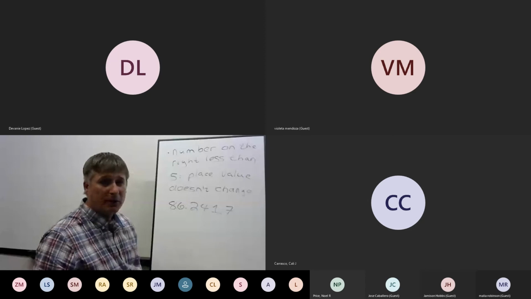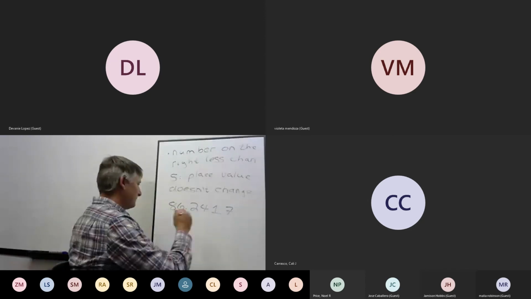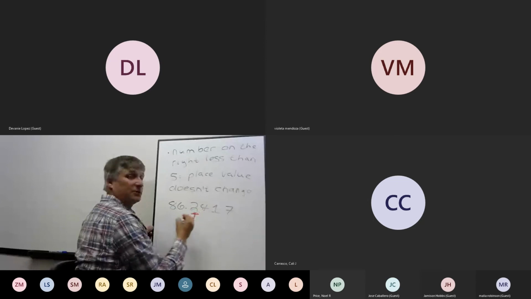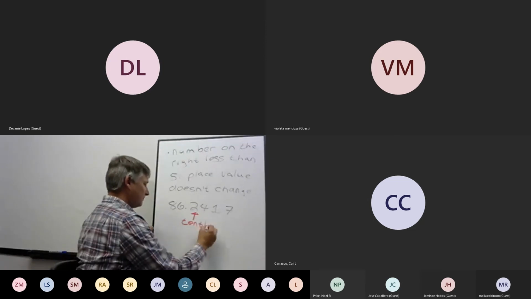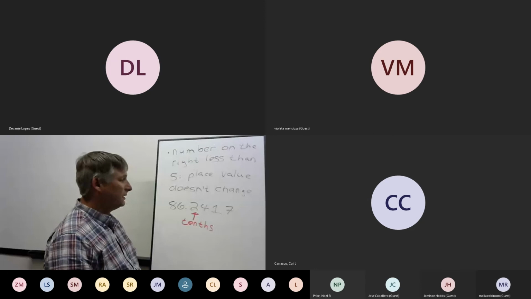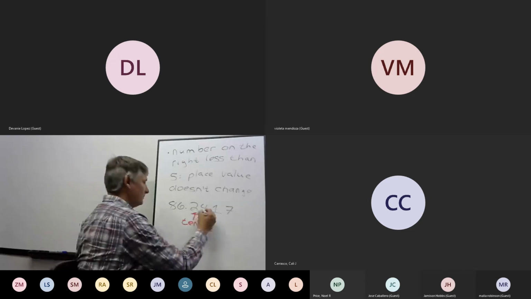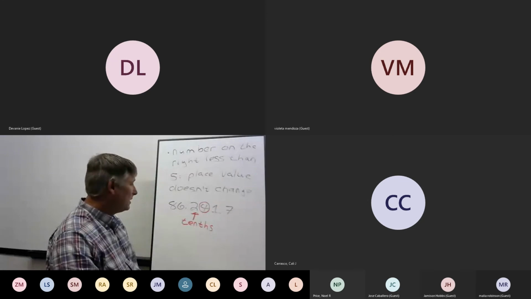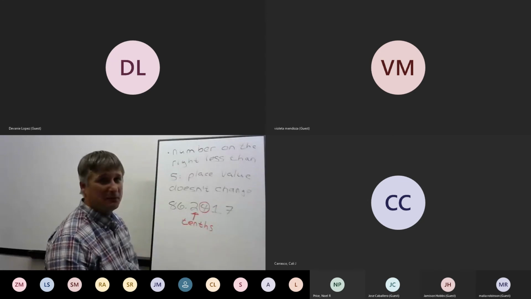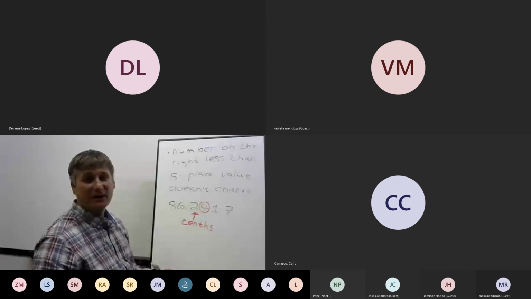Now let's say we're going to round to the tenths. The tenths place is right here. Again, we look to the number on the right. It's a 4. But 4 is less than 5. So that means we're not going to change anything in our tenths place.